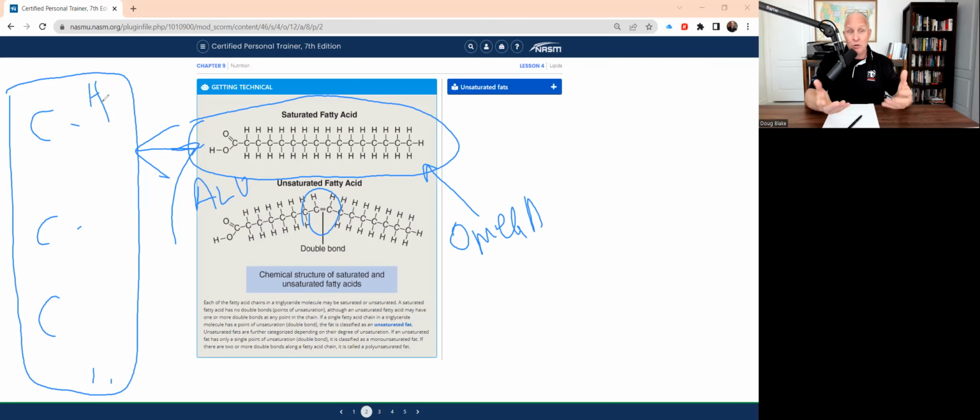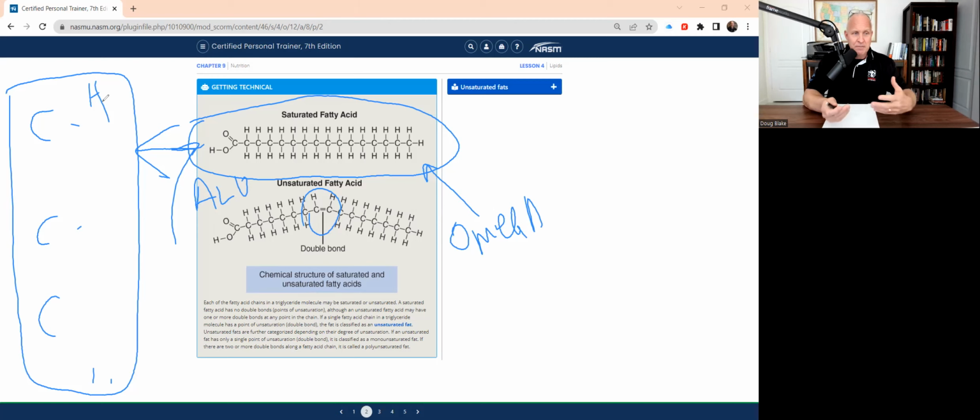Now don't we call olive oil a monounsaturated fat? Well, yeah, but that's only because the majority of the free fatty acids inside of olive oil are oleic acid, which is a monounsaturated fatty acid. But olive oil, that liquid stuff that you pour onto your salad, actually contains saturated fatty acids, I think something like 5%.